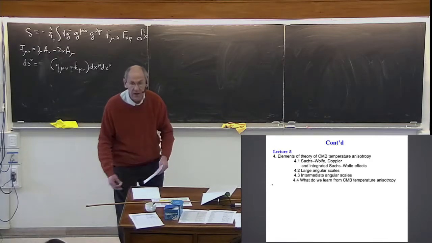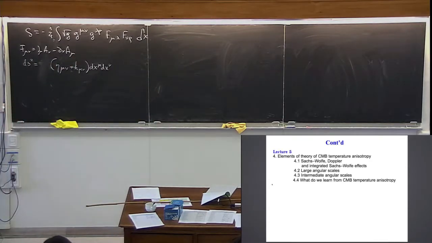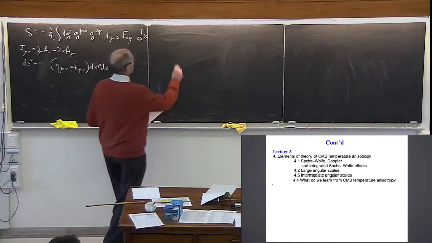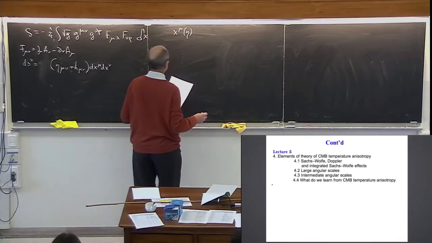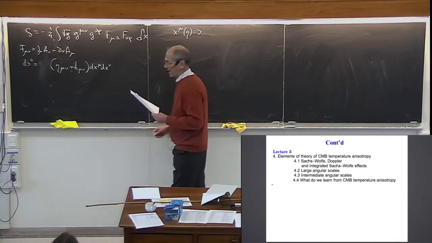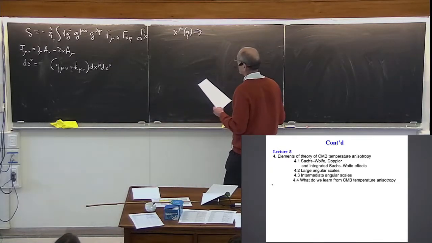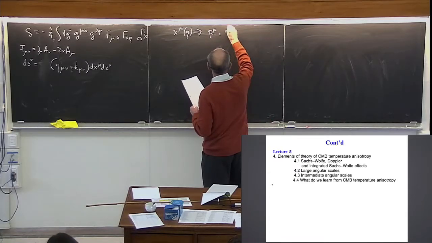We solve the equation for evolution of the photon, and if the photon moves along x^μ as a function of η, then x^μ here are η and x, then the photon momentum is proportional to dx^μ/dλ.